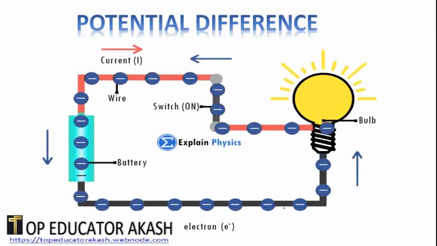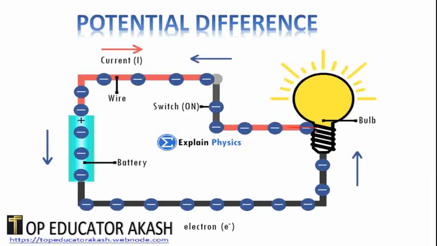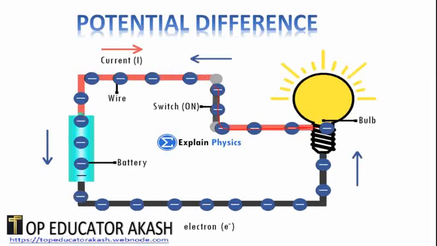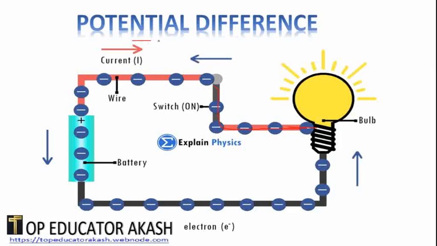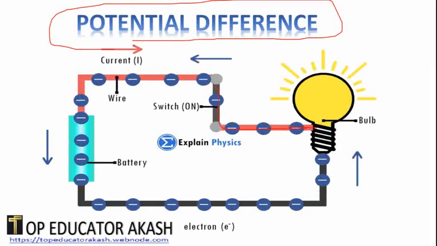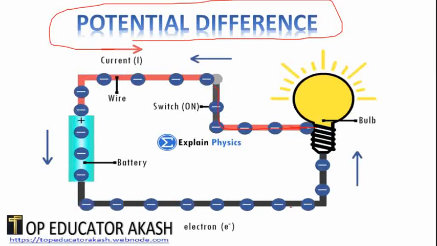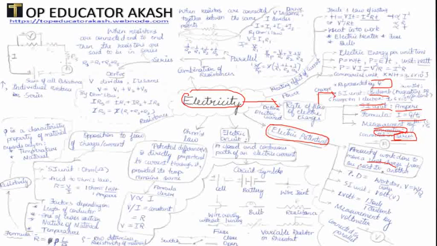The electrons are moving, and it is connected to a bulb, which is glowing, so it is also taking some energy. So again it is moving, and finally it reaches here. The battery is providing some energy. This energy is nothing but potential difference, the amount of work done to move. There is some amount of work done, that means there is some displacement, and these are moving with velocity. So this is nothing but the amount of work done to move a unit charge from one point to another, that is potential difference.